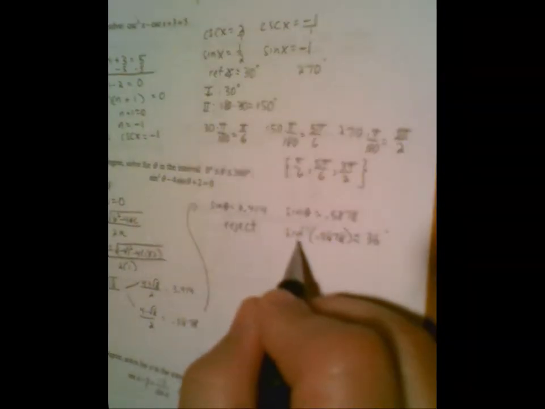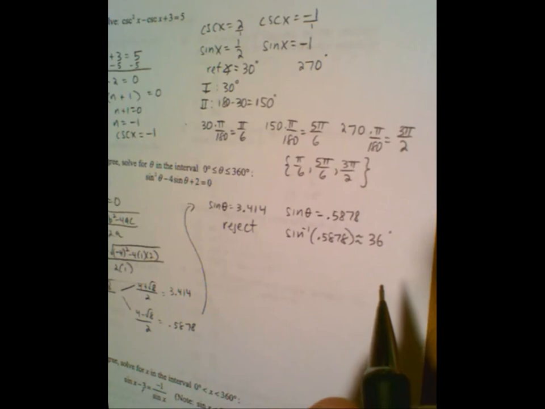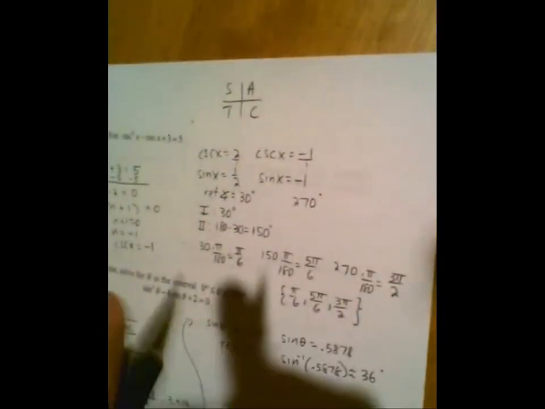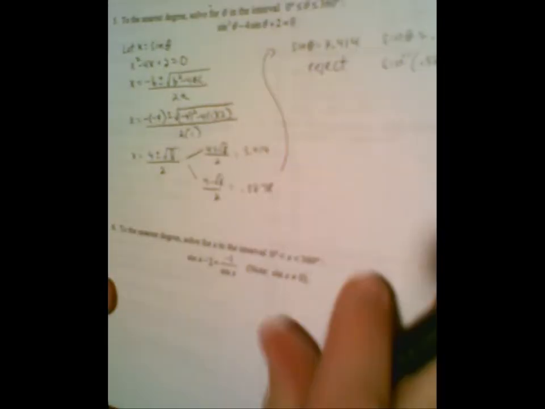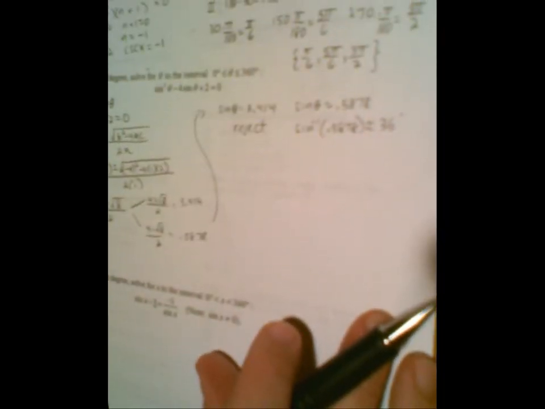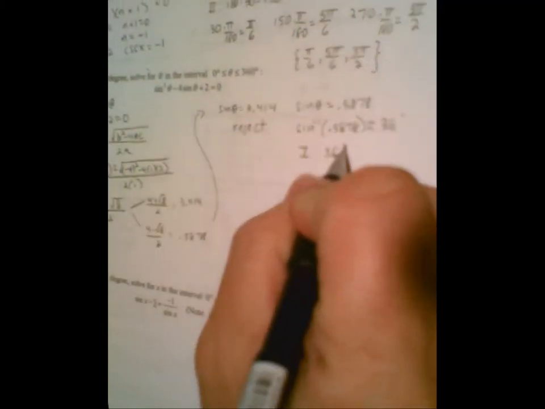So, where is sine positive? Sine is positive in quadrants 1 and 2. So in quadrant 1, 36 degrees is 36 degrees.